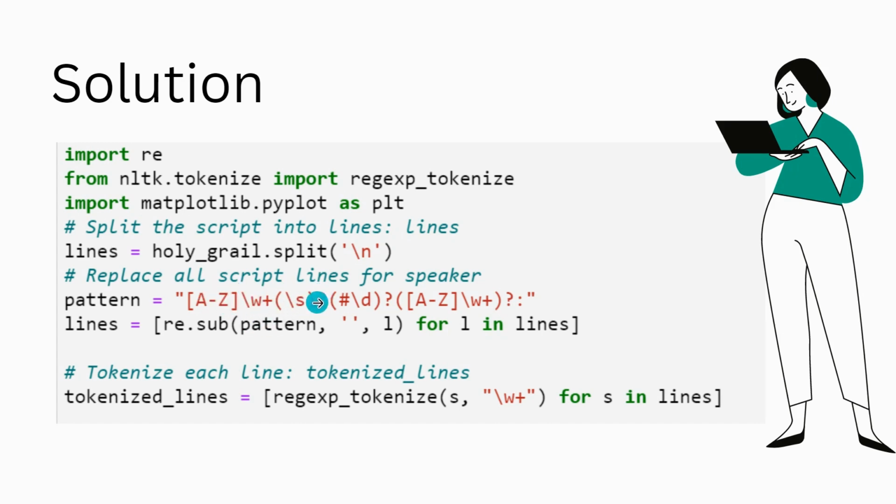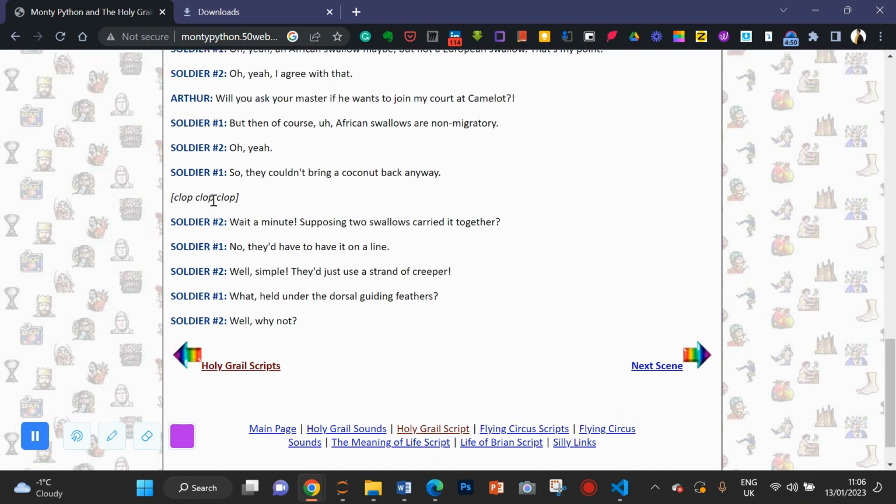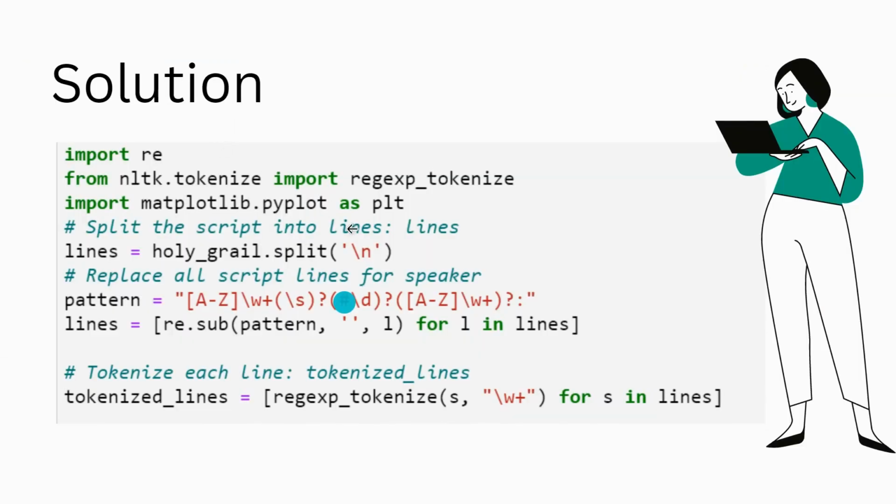Now the next part is #\d, which I have enclosed in round brackets. This is used for, let's say, #1 or #2, right? So if it occurs, these occur together: the hash and the digit. That's why I'm using # and \d, enclosed in parentheses, meaning they will occur together.